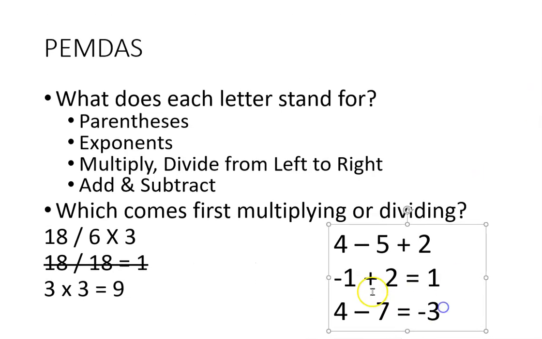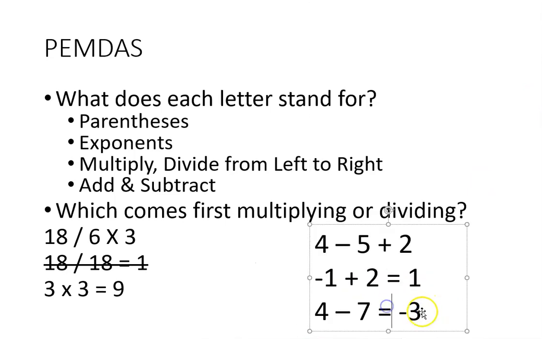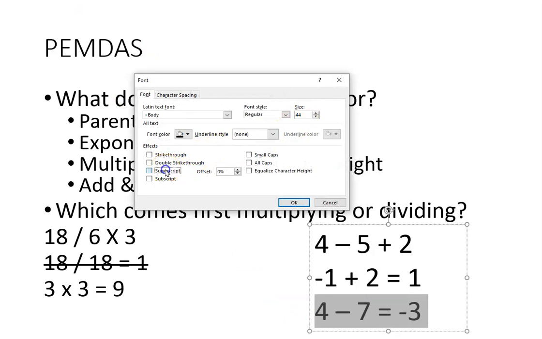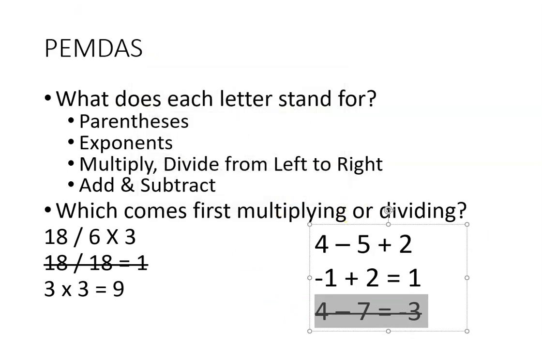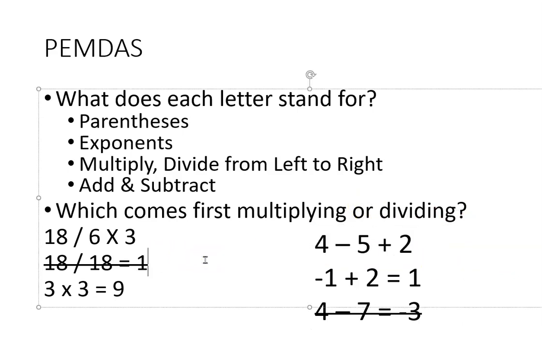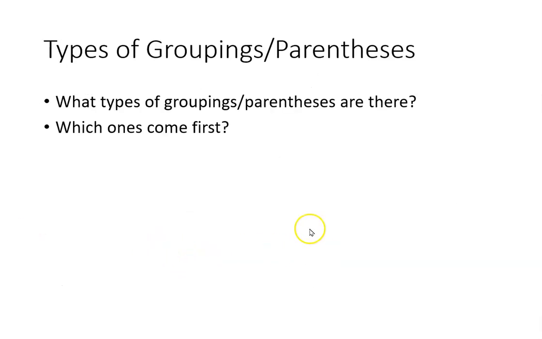This one would be wrong. It is not add first and then subtract. It is left to right: 4 minus 5, then plus 2. Order of operations: multiply and divide are equal, add and subtract are equal.